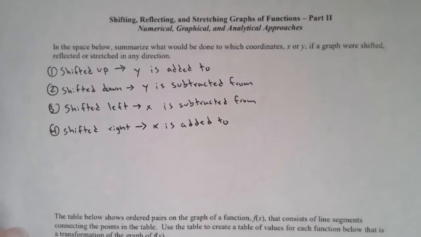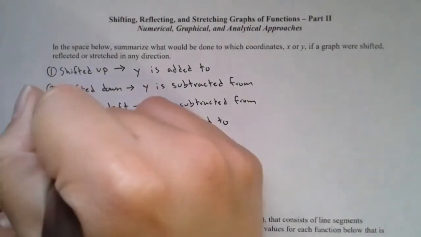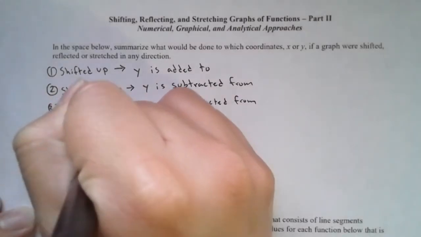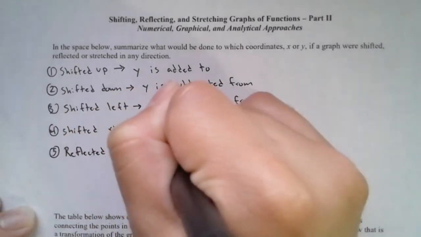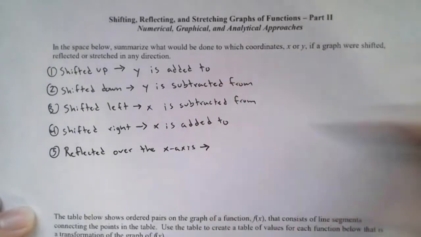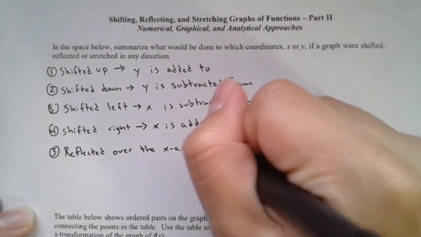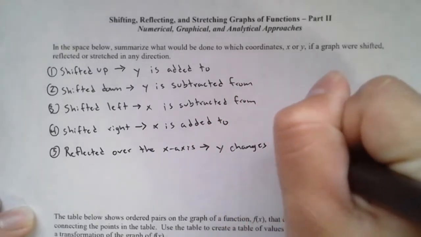The next one would be reflection over the x-axis. So if you reflect it over the x-axis, what would change, right? If you're reflecting over to the bottom quadrant, your y changes sign.